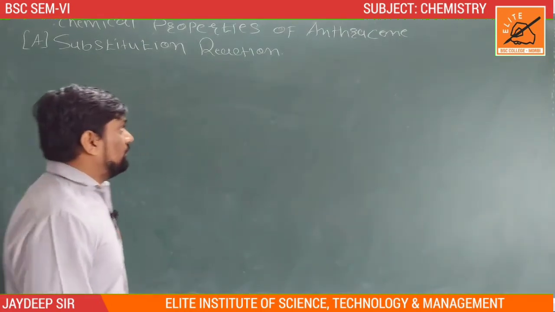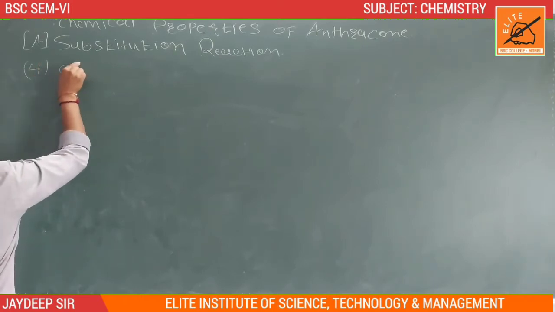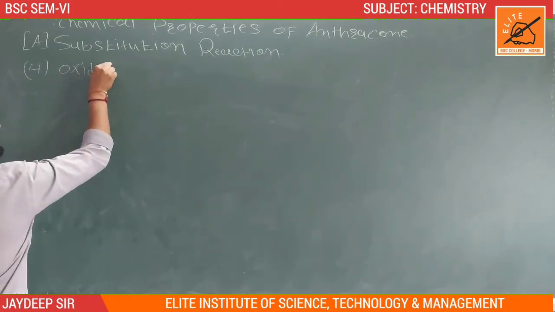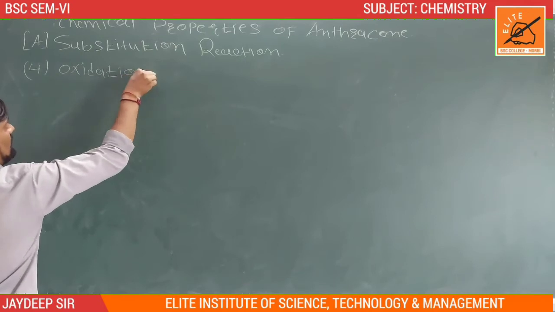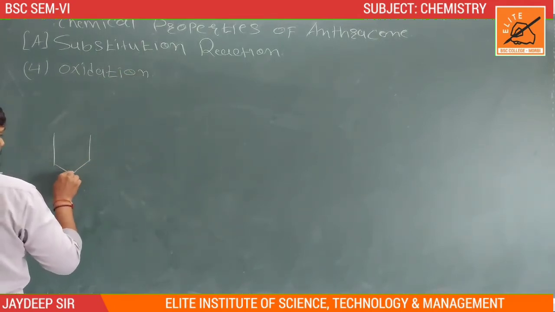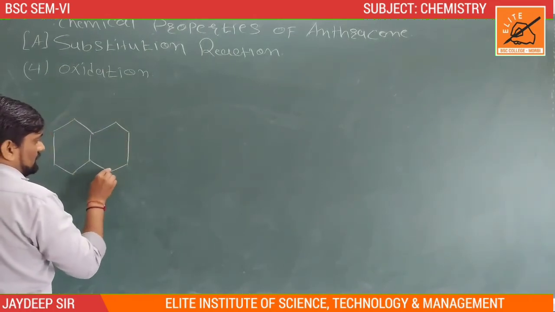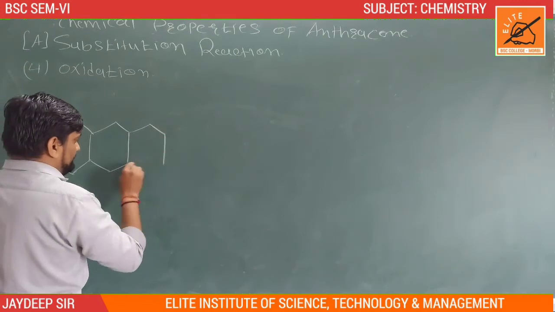So friends, the fourth reaction of the substitution reactions of anthracene is the oxidation reaction. So in the oxidation of anthracene, here we take the anthracene compound. So this is the anthracene.